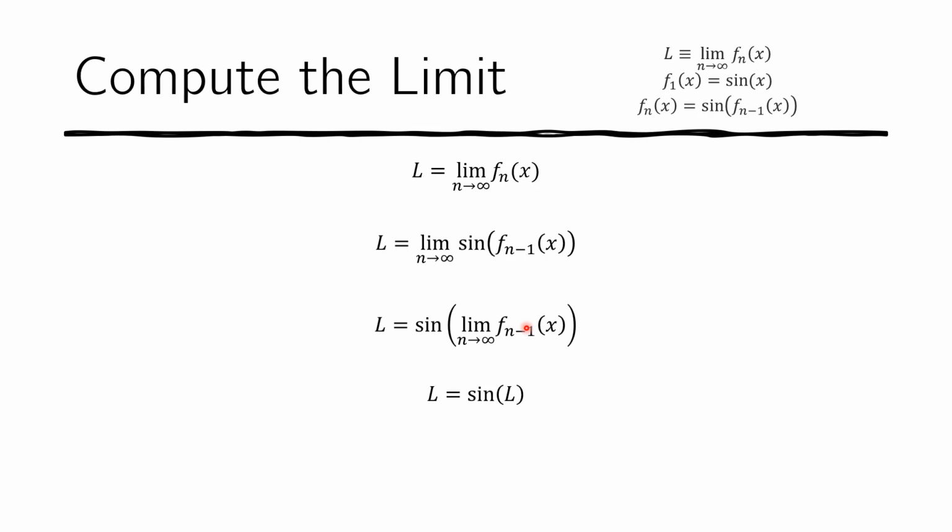Now, you might be asking, because sine is periodic, it's possible that we have multiple values of L, so multiple limits, and that doesn't make sense, right? If you have multiple limits of something, then you don't really have that limit.